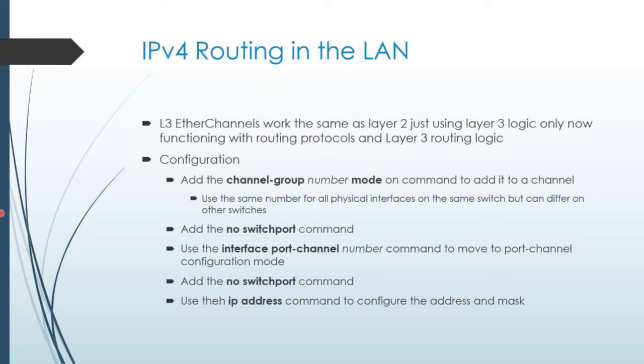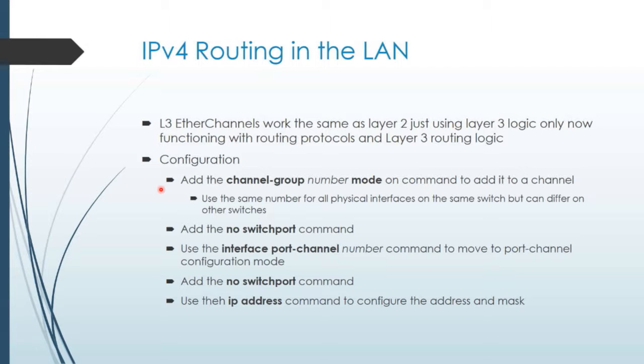And so what you can do is you can go into global configuration mode and you can add the channel-group number and then mode on command in order to add it to a channel. Okay, so sorry, we didn't have bold there. So channel-group, the number, whatever number we want to specify, mode on. That's done on each individual interface. I think I said global configuration.